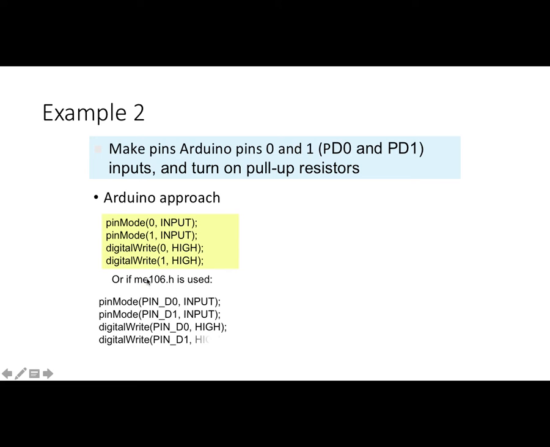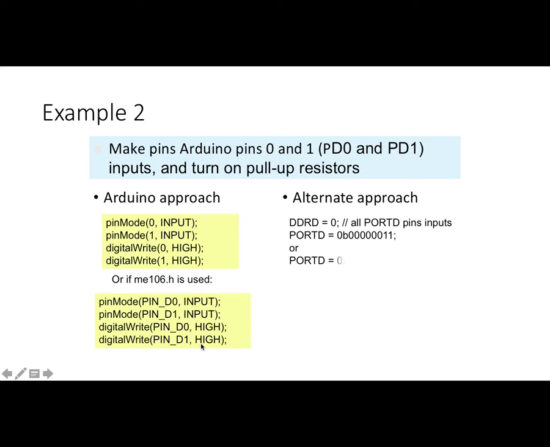And if you wanted to, you could use this header file and use the actual symbols. And here we have input pins 0 and 1 being set so that we can write to them, so they become output pins, and we can use the hexadecimal quantity 3.